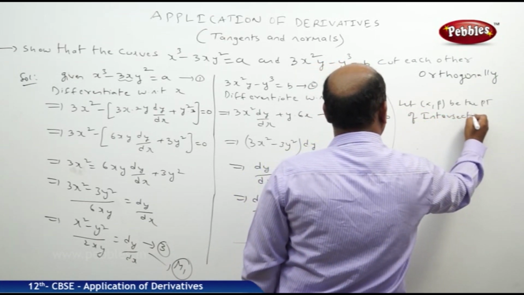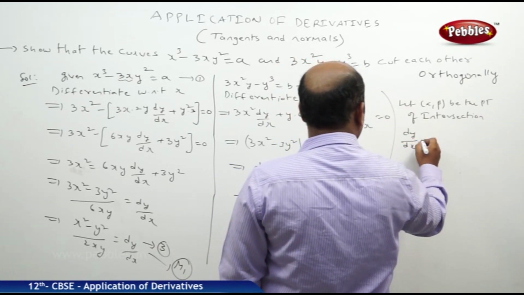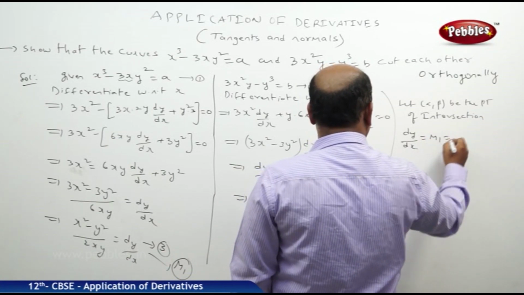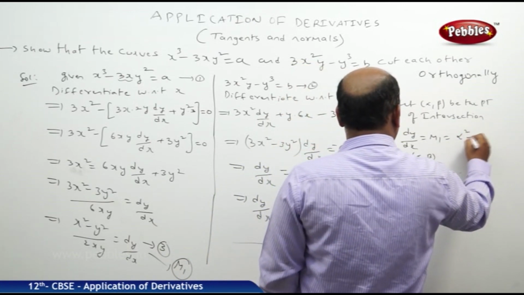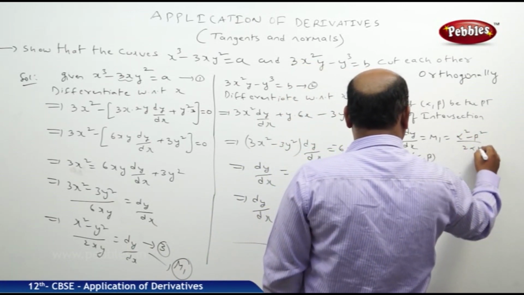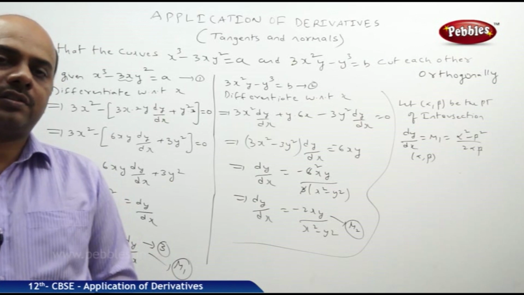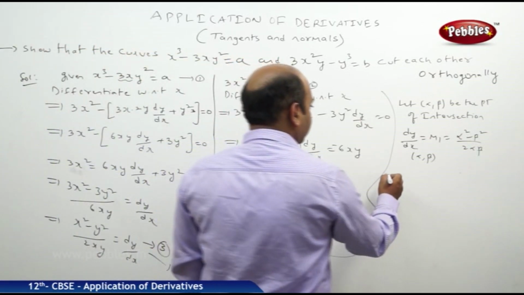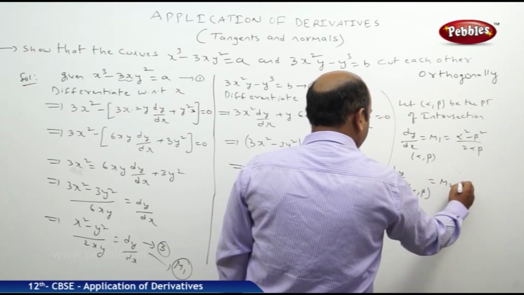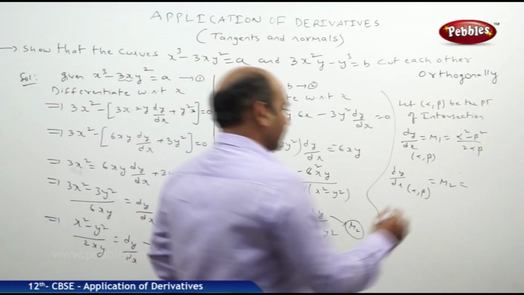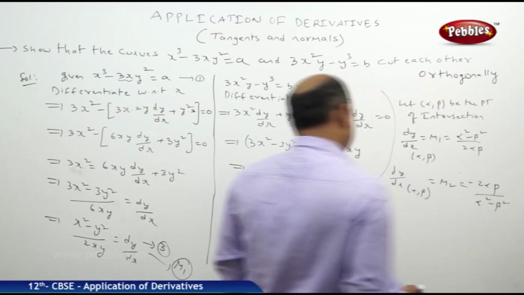Then m1 at the point alpha comma beta is alpha square minus beta square by 2 alpha beta. That means in place of x I substituted alpha and in place of y I substituted beta. Similarly, the slope m2 at alpha comma beta is minus 2 alpha beta divided by alpha square minus beta square.